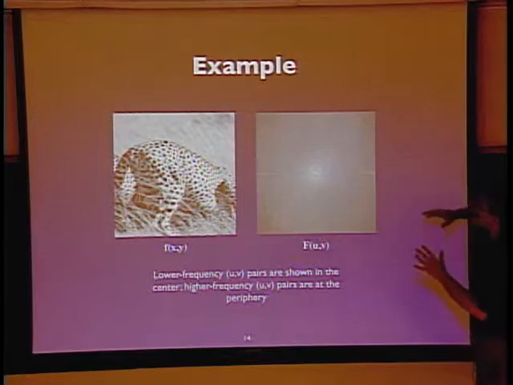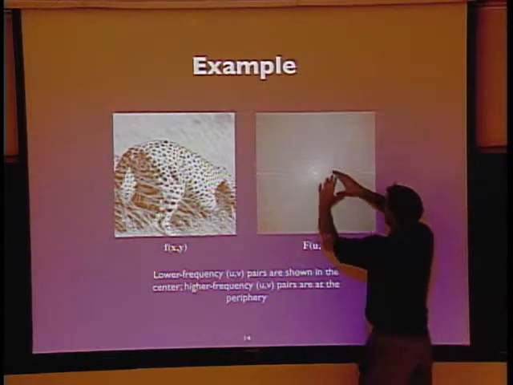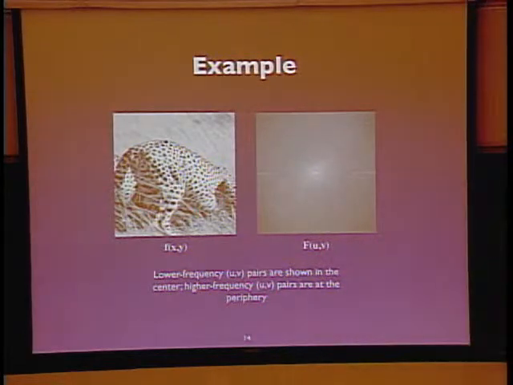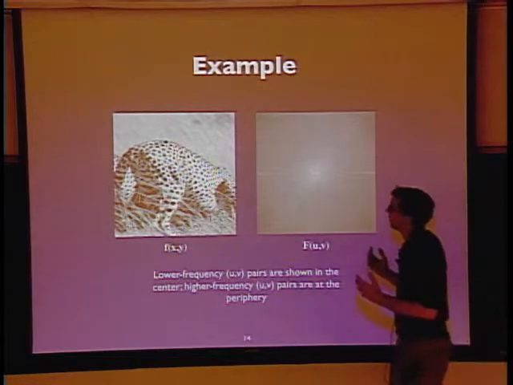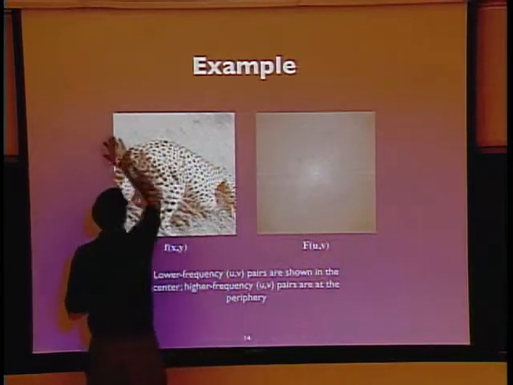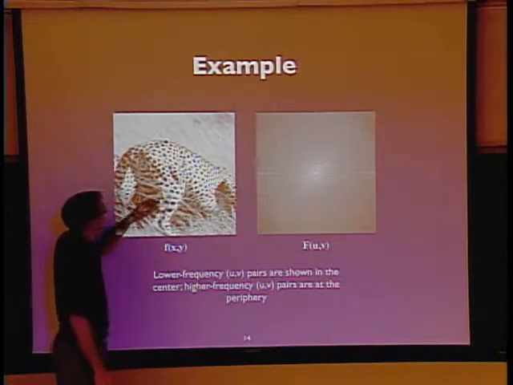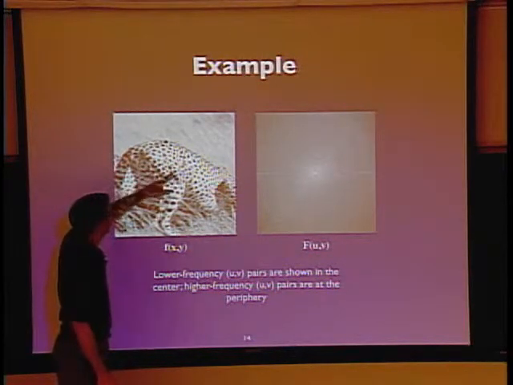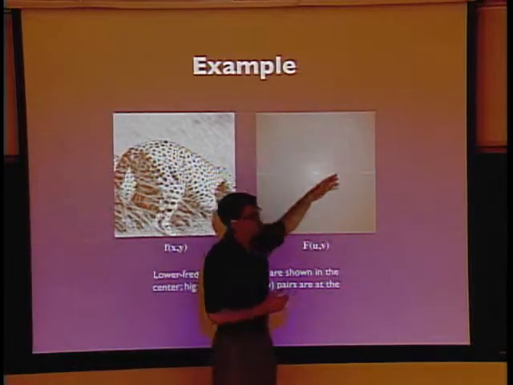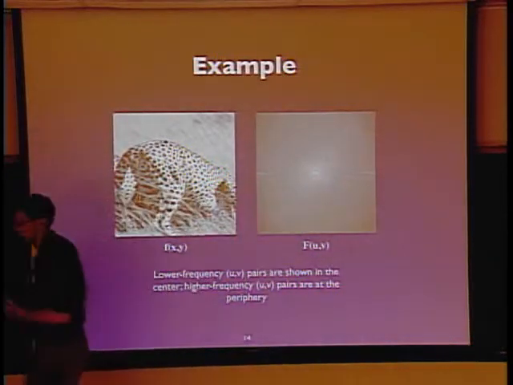But generally speaking, when you go from the center to the periphery, the amount of stuff in the periphery gets lower as you get closer to it. And I think that probably represents the fact that a lot of the image is relatively flat. Yeah, there are the spots, but they're at a relatively regular frequency, and so not every frequency under the sun is going to be implicated in this particular image.